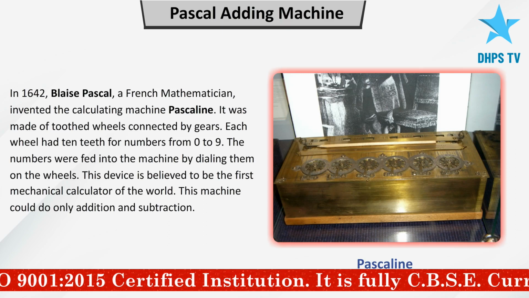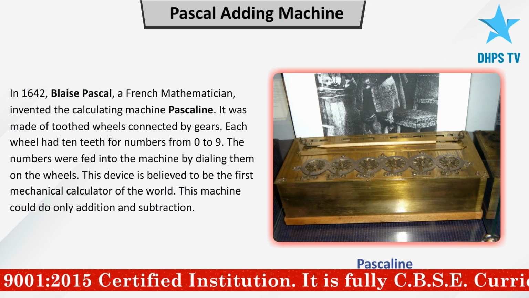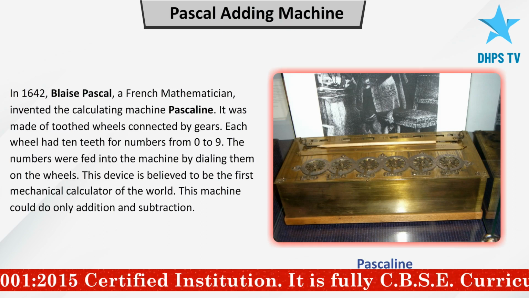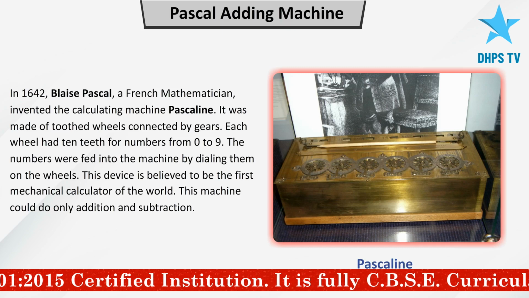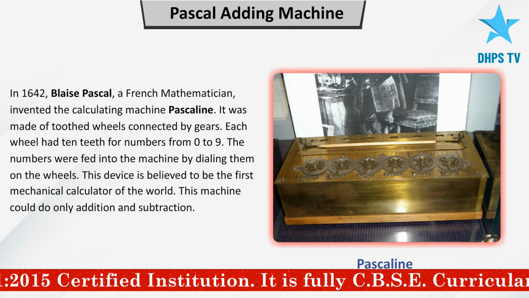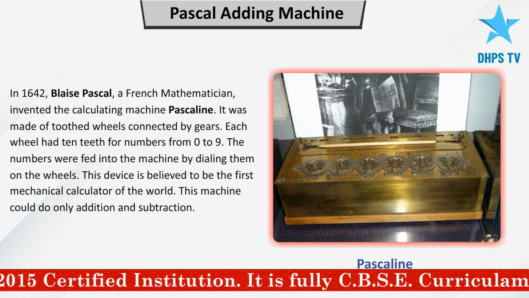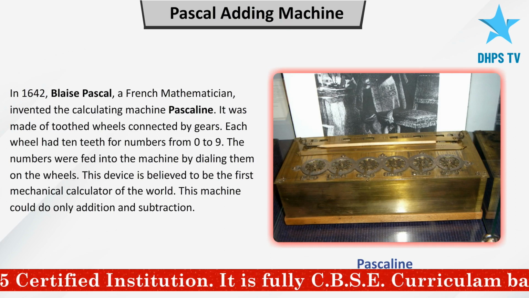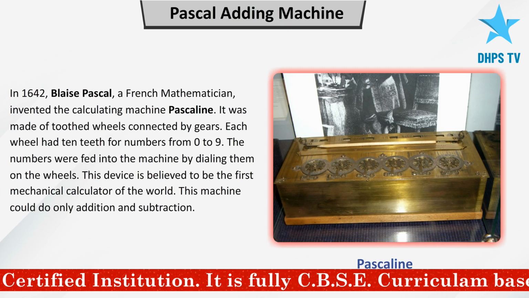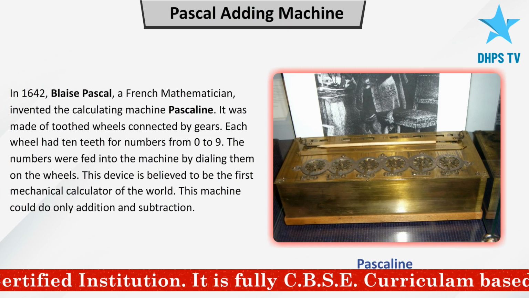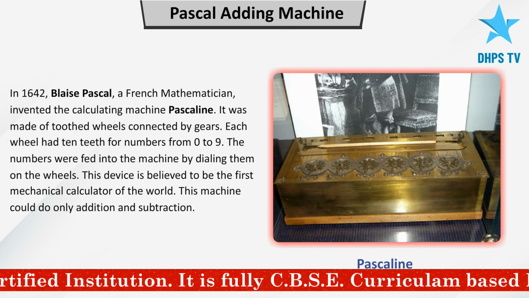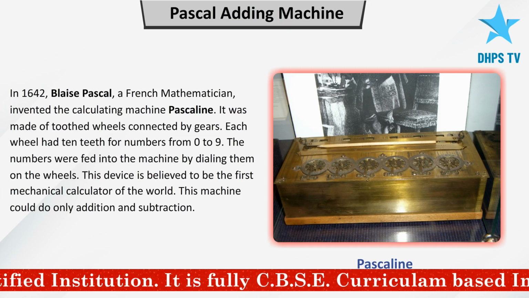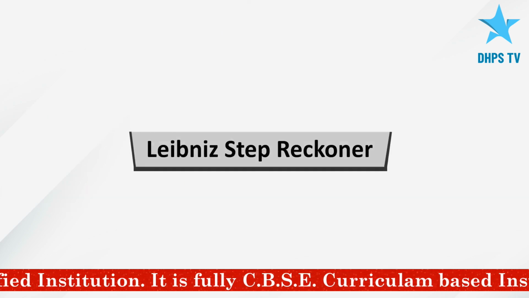Each wheel had 10 teeth for numbers from 0 to 9. The numbers were fed into the machine by dialing them on the wheels. This device is believed to be the first mechanical calculator of the world. This machine could do only addition and subtraction.